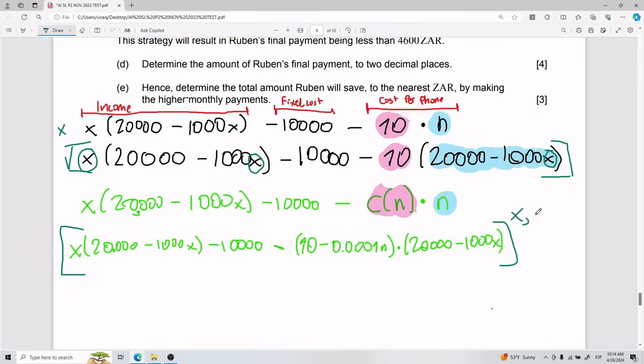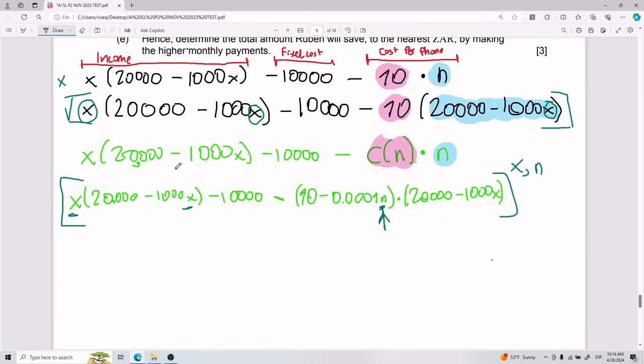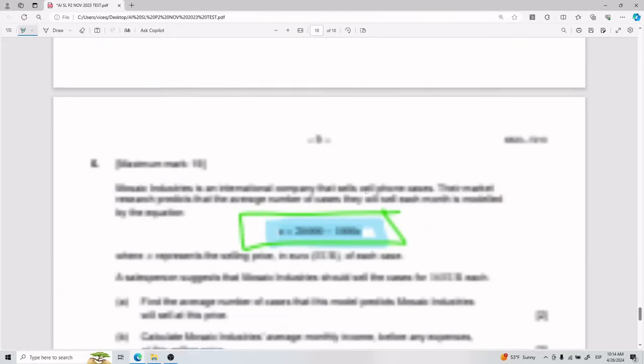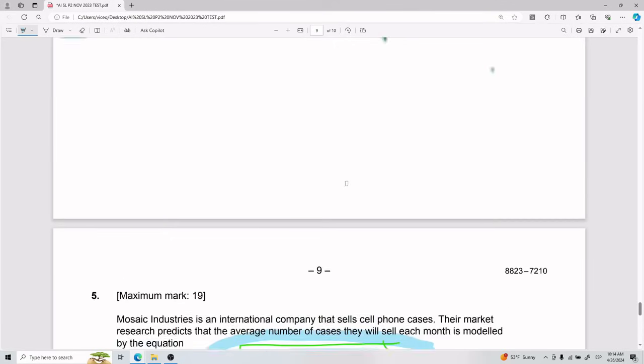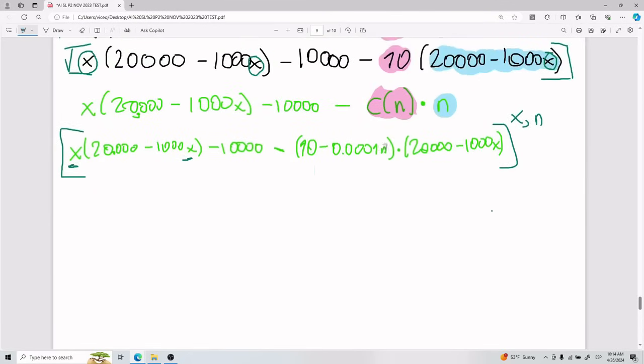You have x, but you also have n. So you have an x, and here you have an n. And so you need to take care of this n. So what is n, you guys? N, as we've seen all along, is this. This is n. And so yes, you're going to end up with a crazy, nasty sort of equation, but trust the process and it's going to be fine.